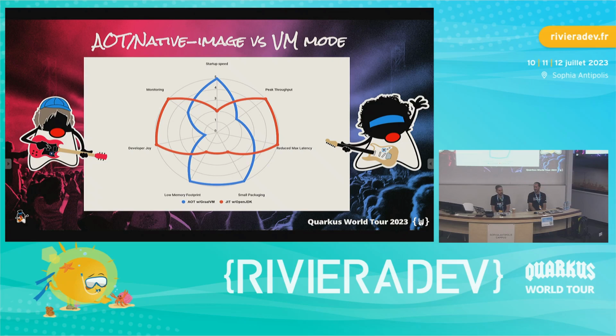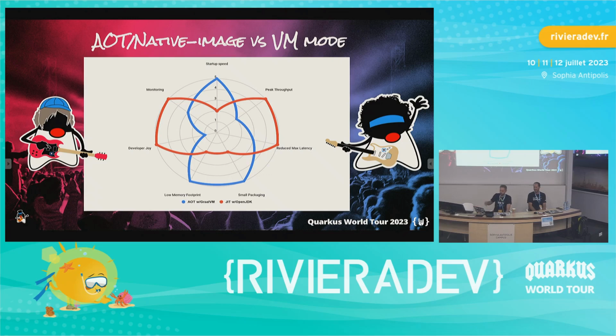So if you want an idea of where you might want to use native versus a JVM application with OpenJDK with JIT, you can see here, if you want the best experience with developer joy, native is not necessarily the most enjoyable because the native compilation itself takes a little bit of time. It's that closed world assumption as well, so you need to be really careful with reflection and all that. So if you're looking purely at developer joy, definitely go with Quarkus on the JVM.